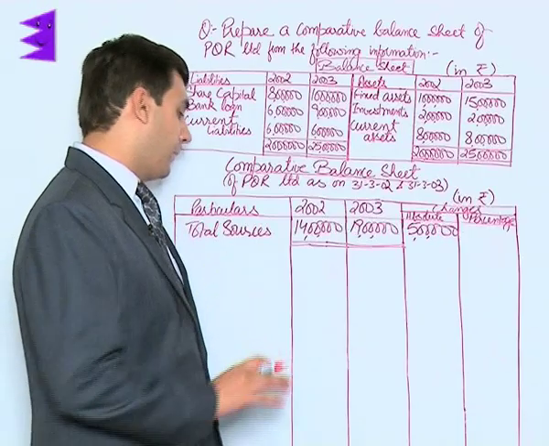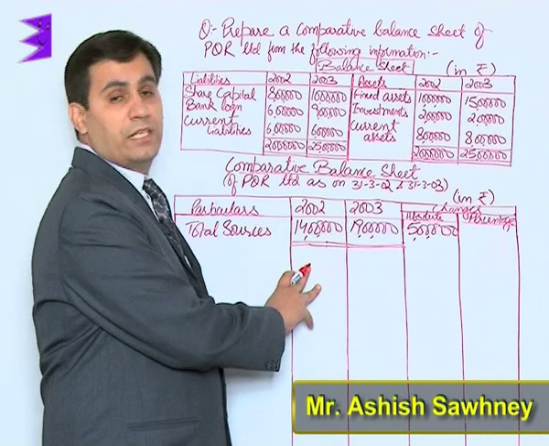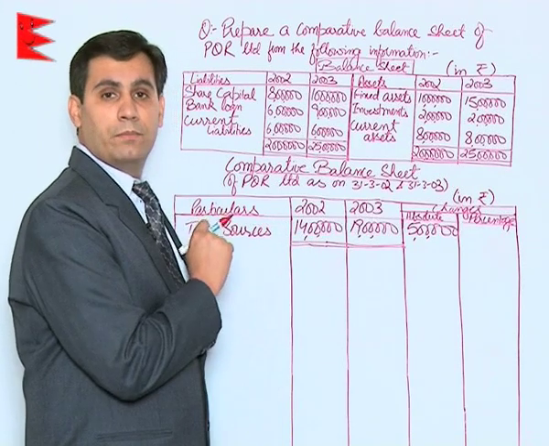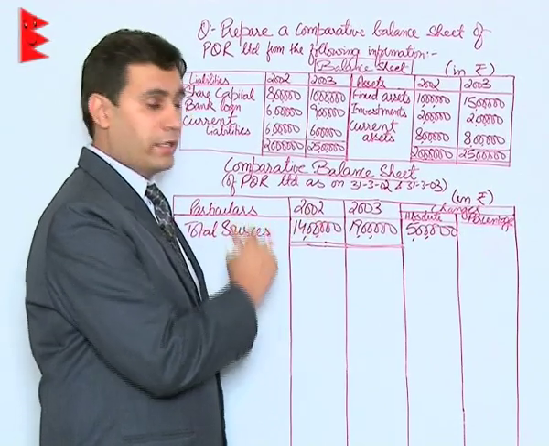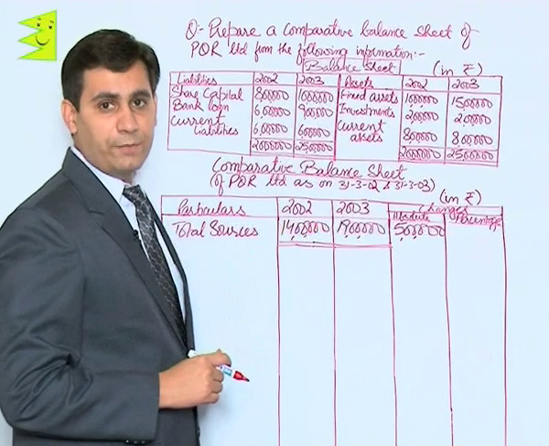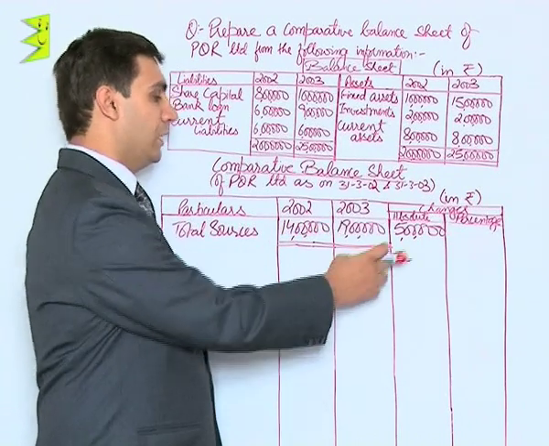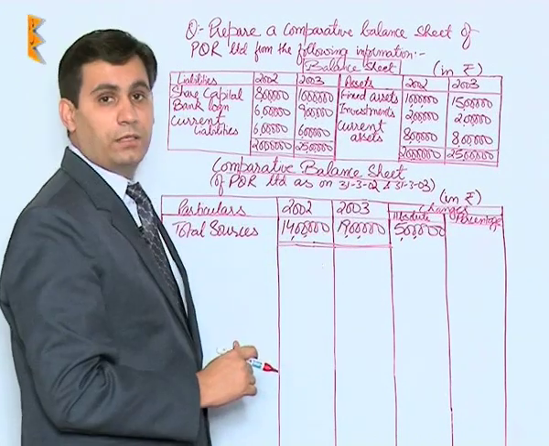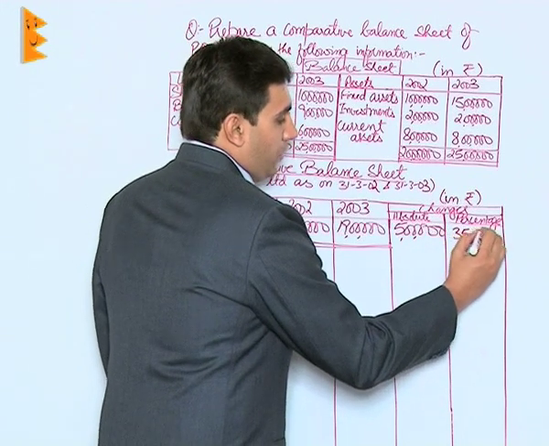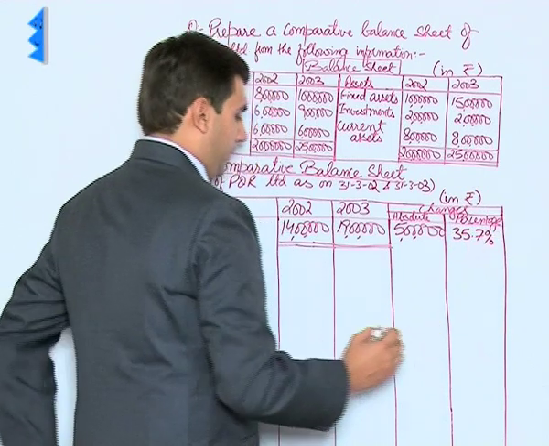Now continuing, the total sources we had calculated were 14 lakh for the first year and 19 lakh for the next year, that is the current year. The absolute change is 19 minus 14, that is 5 lakh, and the percentage change would be 5 lakh upon 14 lakh into 100, which comes to approximately 35.7%.